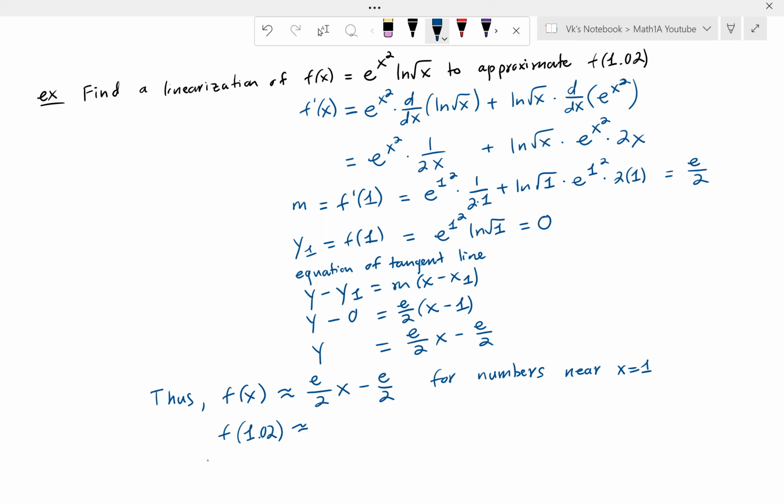And that would be approximately e over 2 times 1.02 minus e over 2, which is 0.51 e minus 0.5 e, half of 1. Subtract them, we have 0.01 e. Very nice.